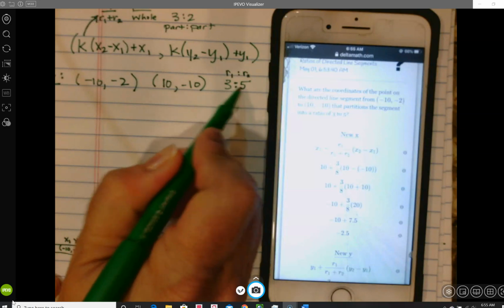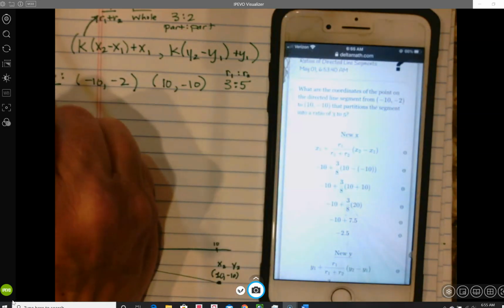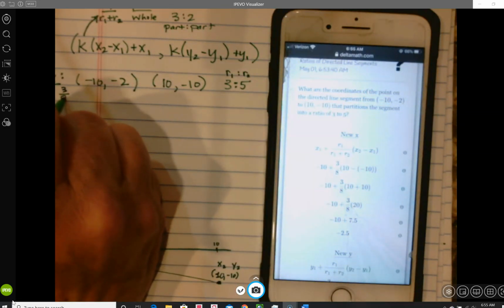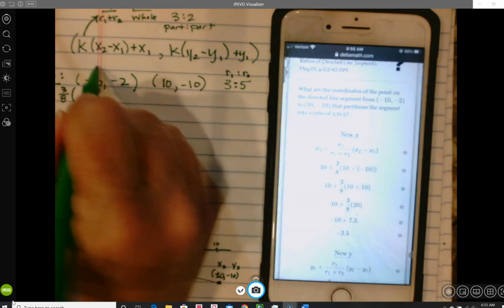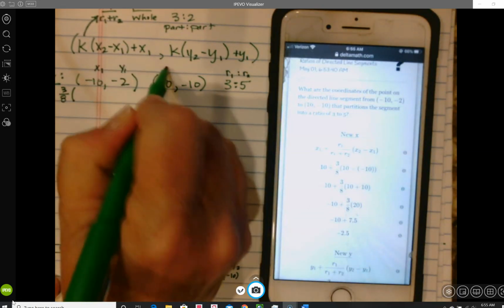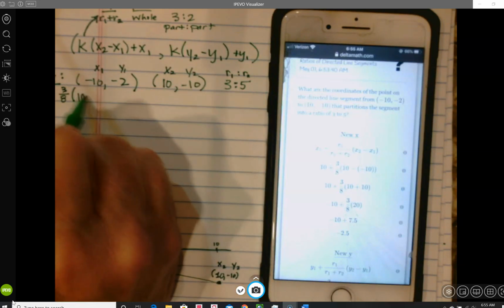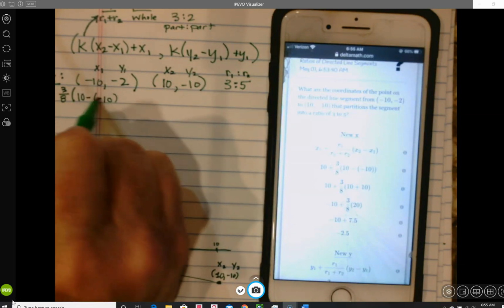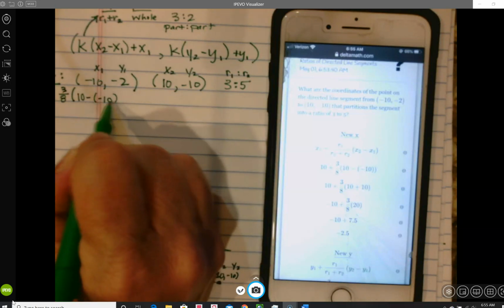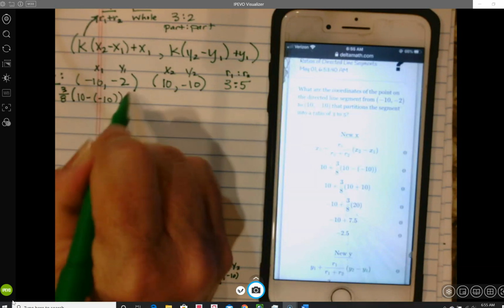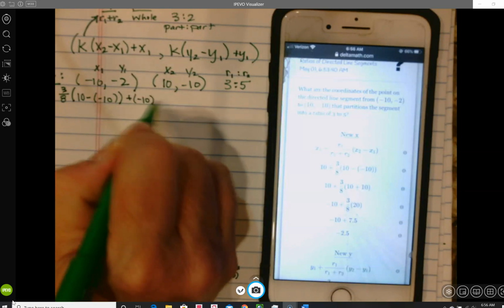K, I would take 3/8. And then I'm going to label x1 and y1, x2 and y2, and I'm going to go 10 minus -10. And I don't want to put two negatives next to each other. 10 minus -10, and then plus x1, so plus -10.